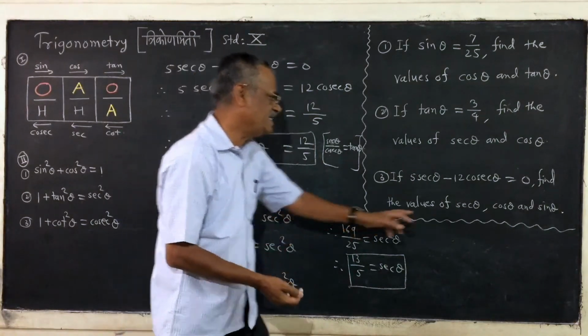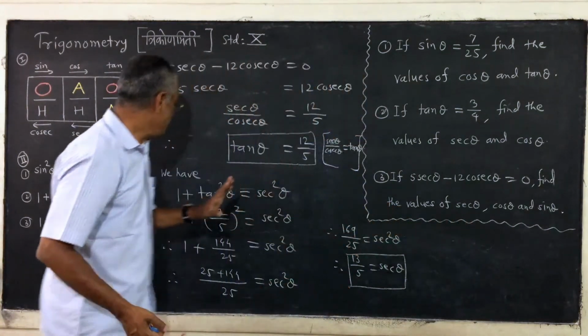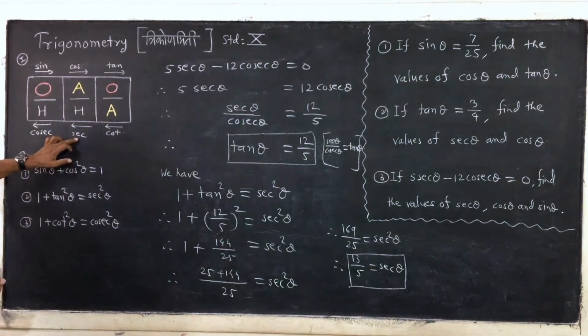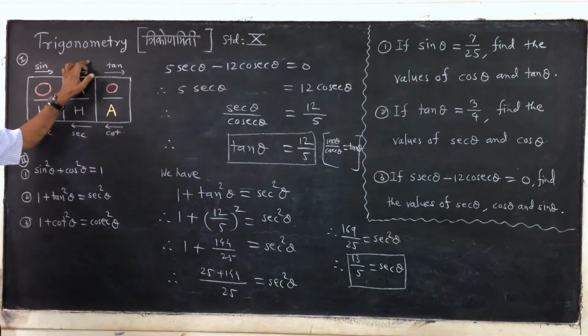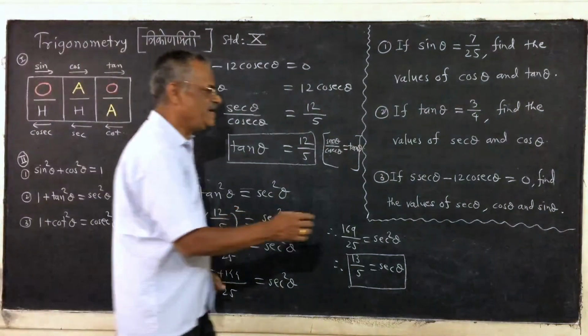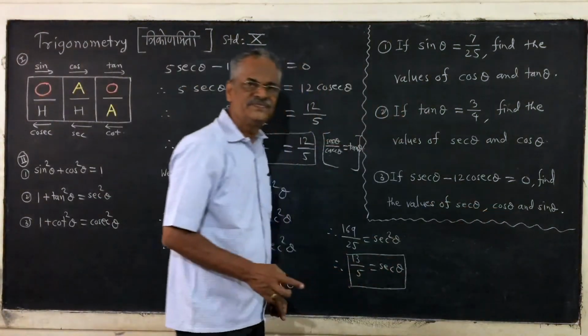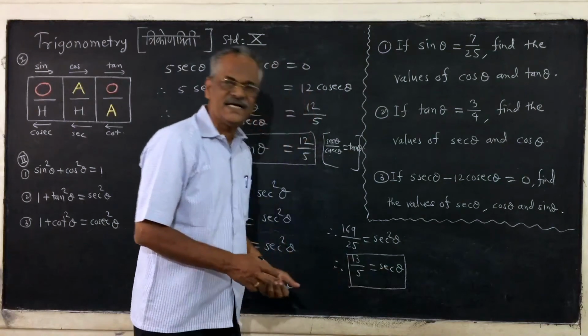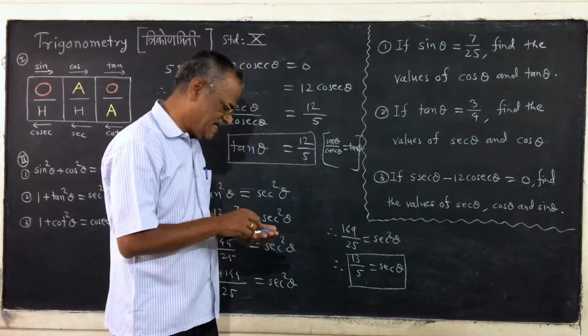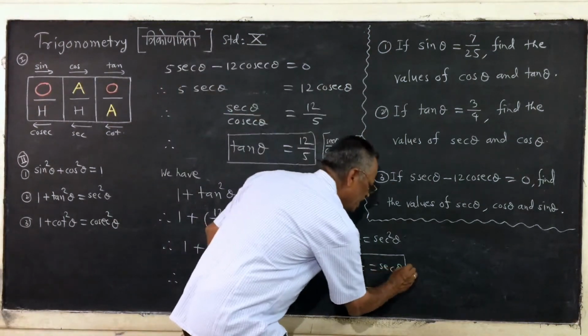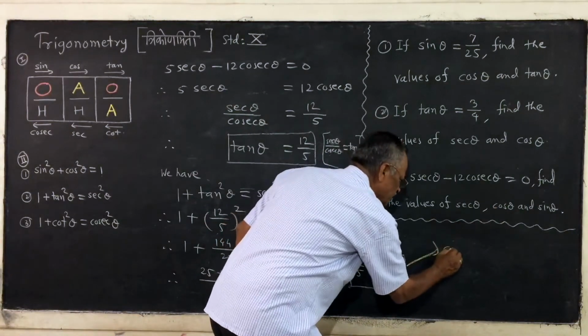We can calculate sec theta. And you know that sec theta is equal to 1 upon cos theta, and cos theta is equal to 1 upon sec theta. So you can find out cos theta with the help of sec theta.